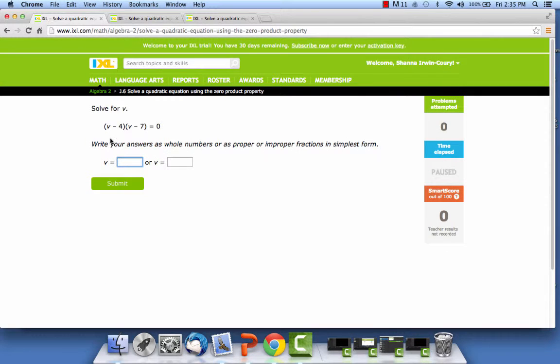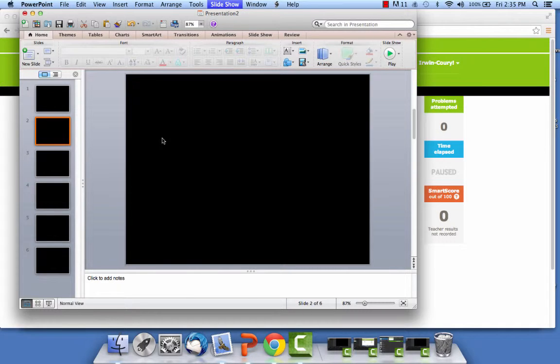So on this first one, we've got b minus 4 times b minus 7. So see, this looks like something you get after you factor. This is already in factored form. So if b minus 4 times b minus 7 is 0, then either b minus 4 is 0 or b minus 7 is 0.